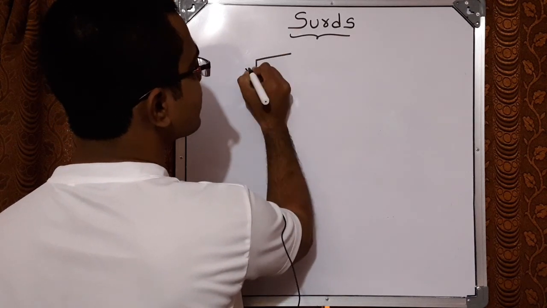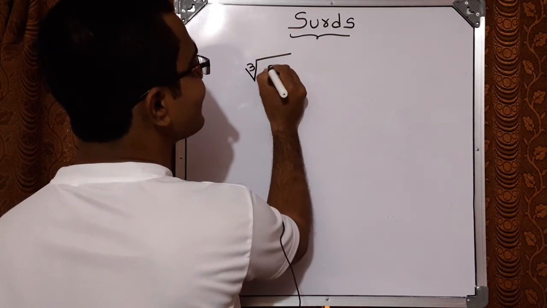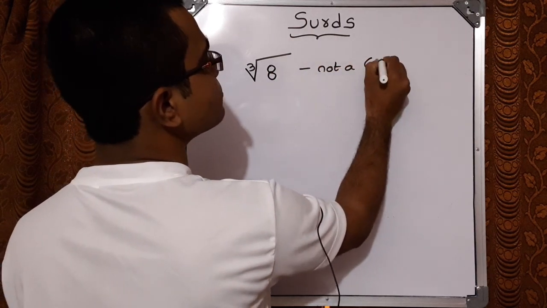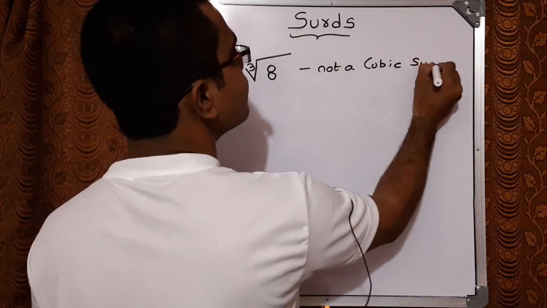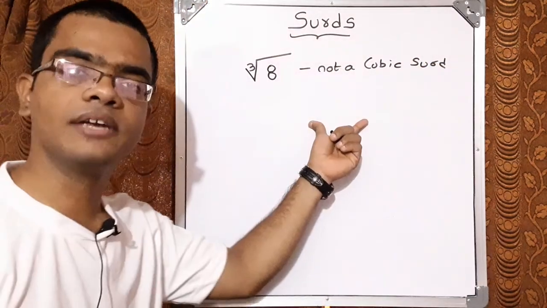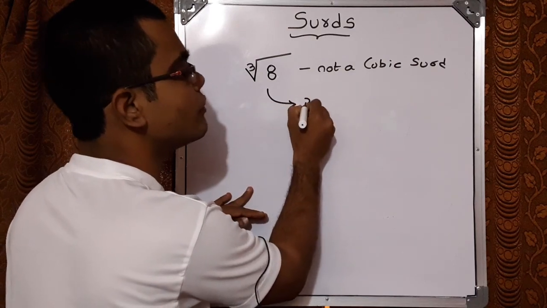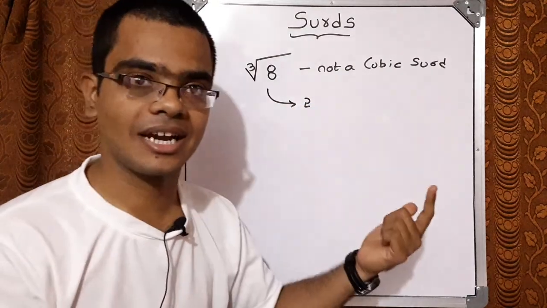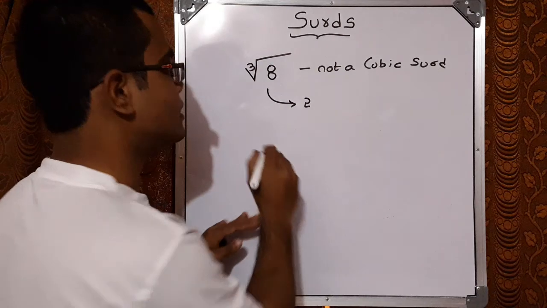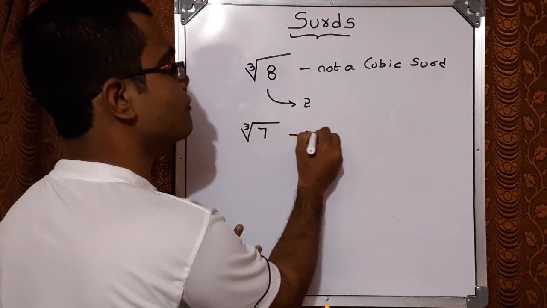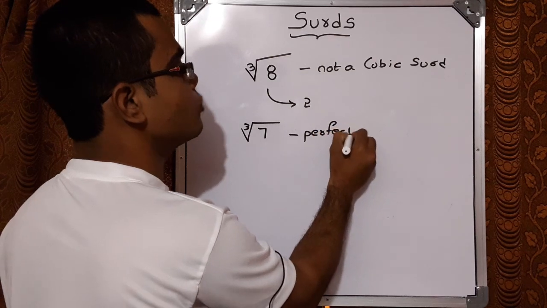If we take cube root of 8, this is not a cubic surd. Why? Cube root of 8, answer is 2, so we get a rational number. Cube root of 7 is a cubic surd.